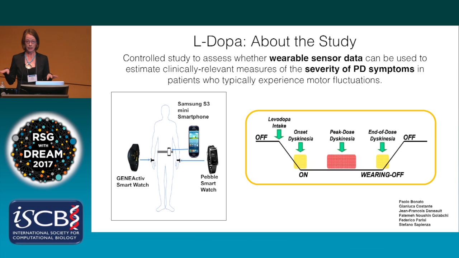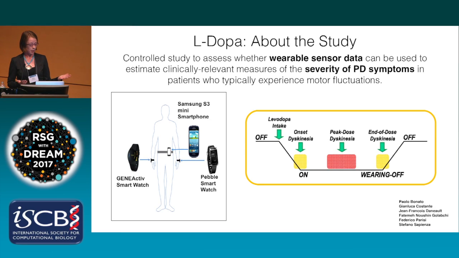So there tends to be a bit of a curve, both when they take their medication and when they come off it. So here's a patient who's off their medication. They take their medication, and while their tremor decreases, there is an onset of dyskinesia, which is involuntary motor movements.